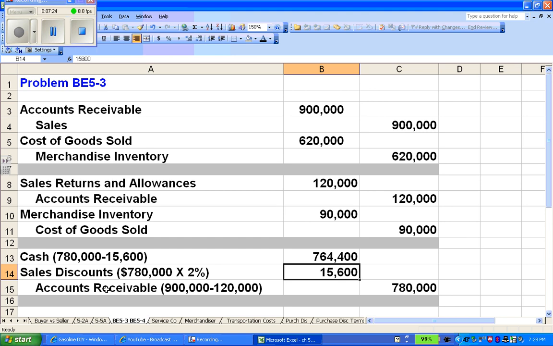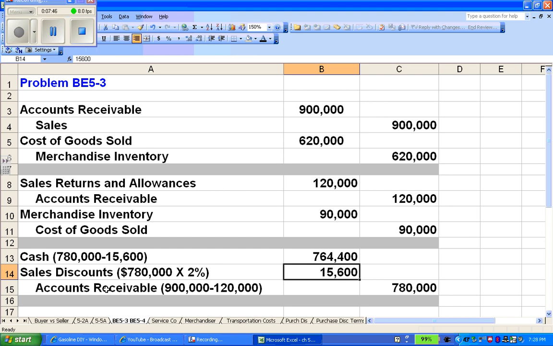to figure out that sales discount. Now that sales discount is another contra revenue account. Again, as the owner or as the manager, you want to know how much we are giving in discounts, and so you can track it this way. I could have debited my sales for this discount amount, but it would be buried in that sales account.